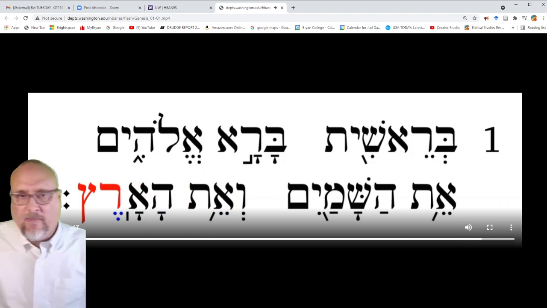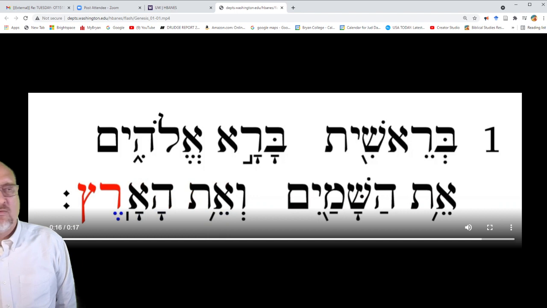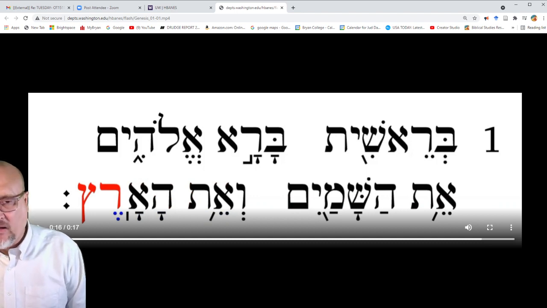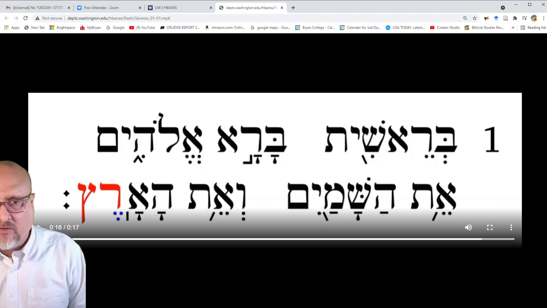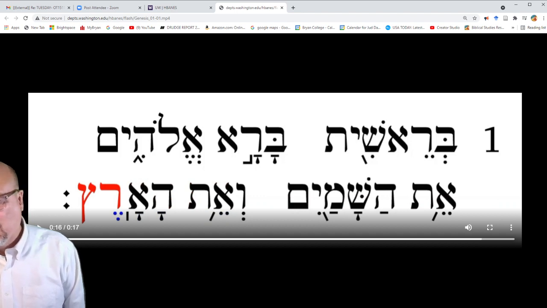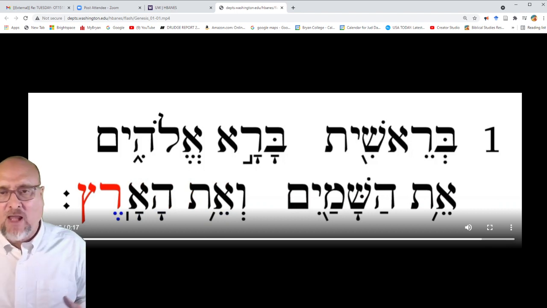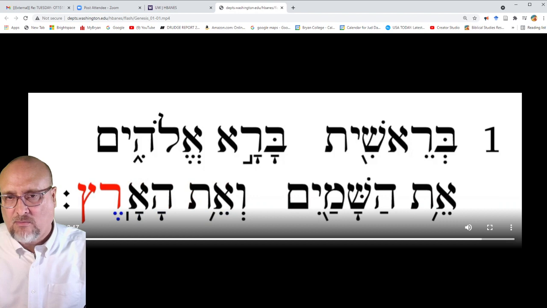So the blue dots are what's called pointing. Moses had never seen anything like those dots. No ancient writer had ever seen anything like those dots. Those dots were added much later because Hebrew has no written vowels.